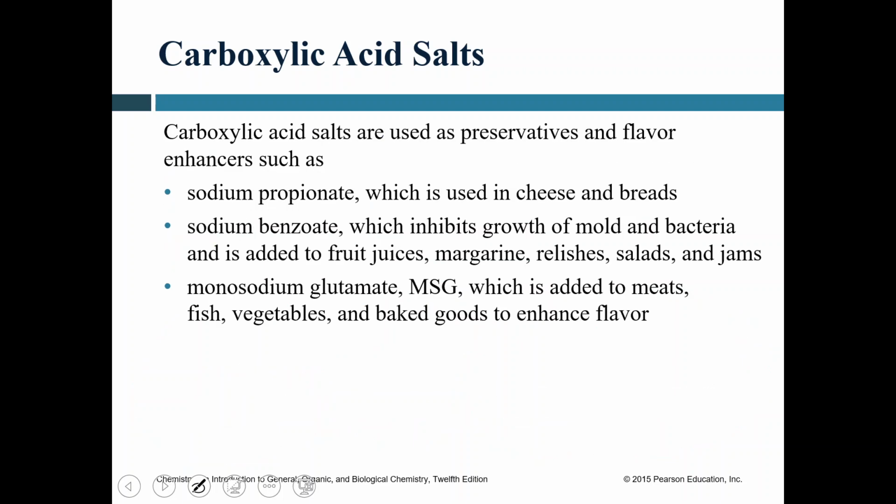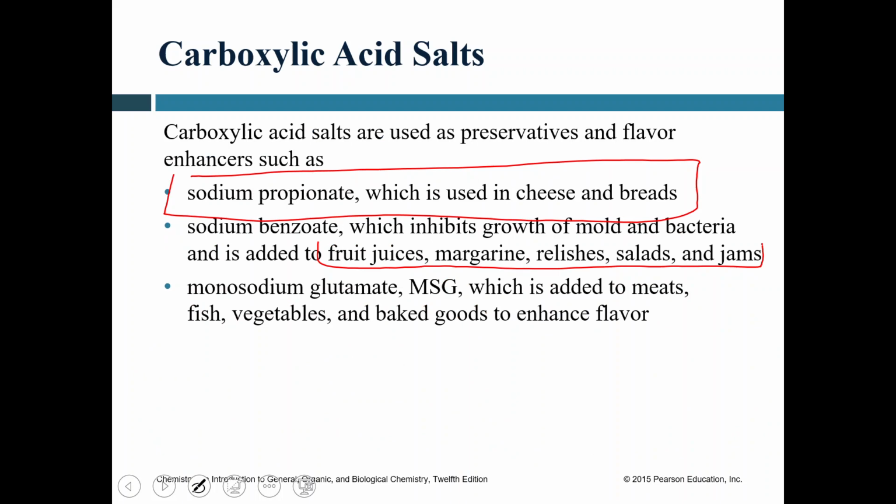So sodium propionate, on the left in the previous slide, is used as a preservative in cheese and bread. Sodium benzoate is also used as a preservative that prevents the growth of microorganisms in various products that are listed here. And finally, probably the most controversial of the three is monosodium glutamate.